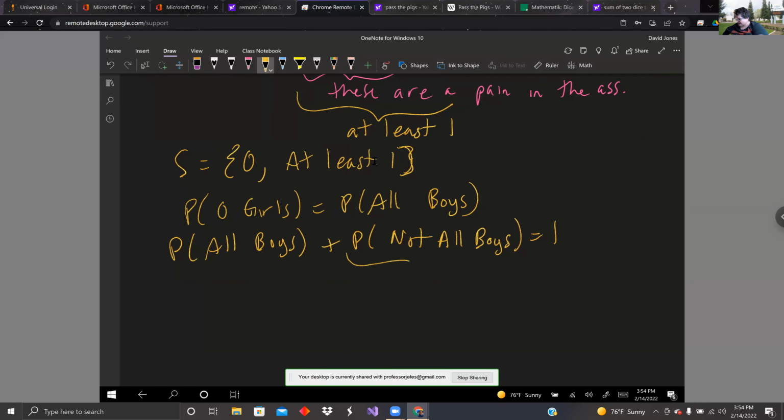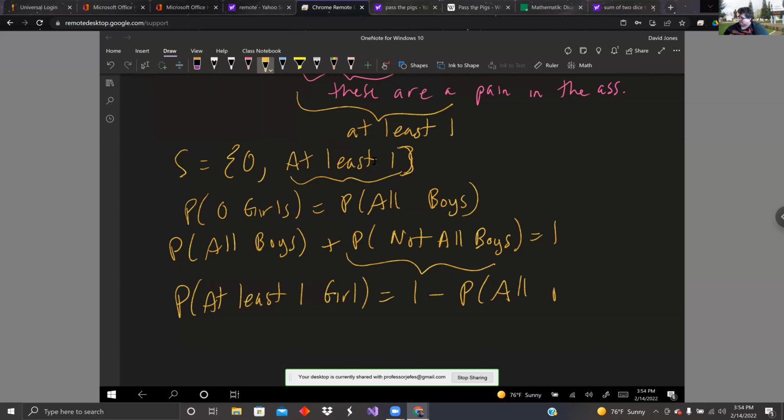I want this value, not all boys, which is at least 1. So the probability of at least 1 girl, which is not all boys, equals 1 minus the probability of all boys.